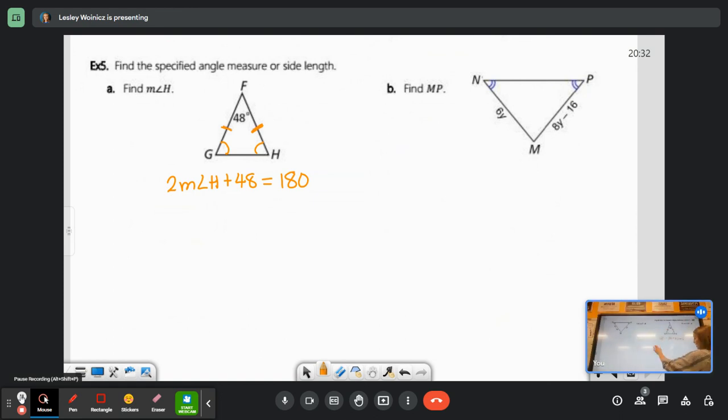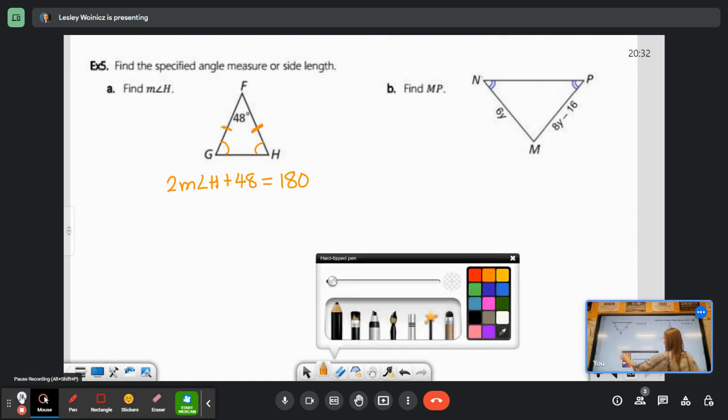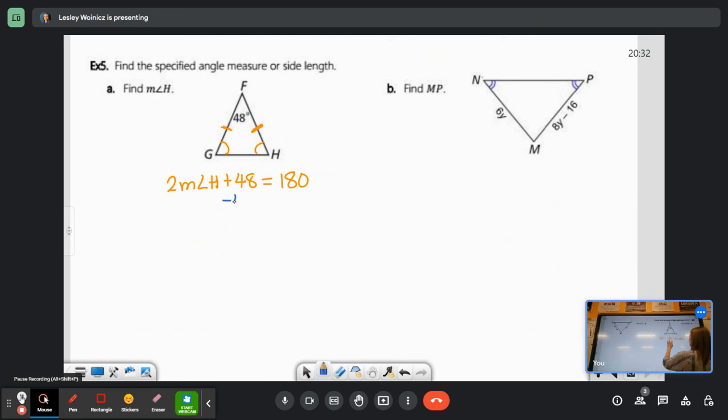Okay, so subtract away the 48 from both sides. And we get 2 times the measure of angle H is equal to 180 minus 48, which is 132.